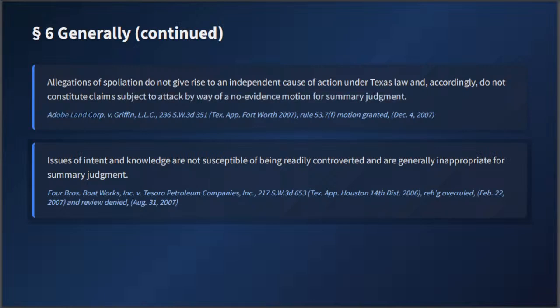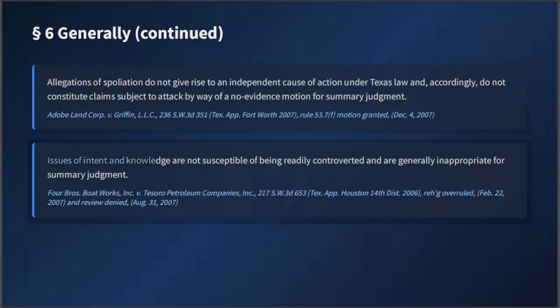So that's an interesting one there too. Adobe Land Corp versus Griffin, and that's Texas Appellate, Fort Worth, 2007. The motion was granted December 4th, 2007. Rule 53F motion granted. All right, well, let's continue here.